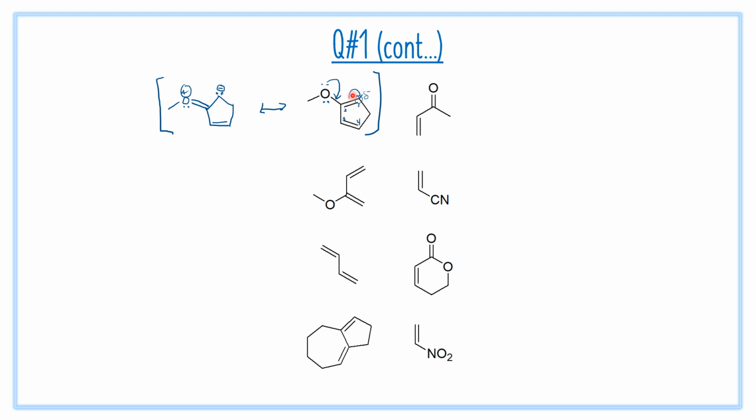And really remember your resonance patterns and how the arrow mechanisms work, because notice here you can't suddenly have this allylic lone pair go down over here and then break apart here. It doesn't make sense to break the bond between number 2 and 3, because remember, only the pi bonds are going to be breaking and not the sigma bonds, aka the single bonds.